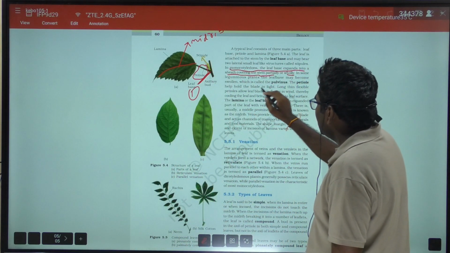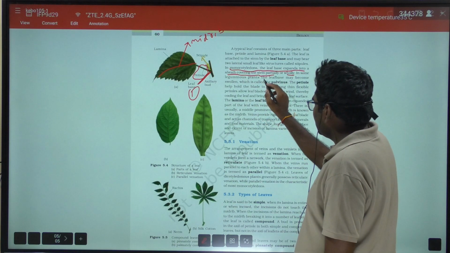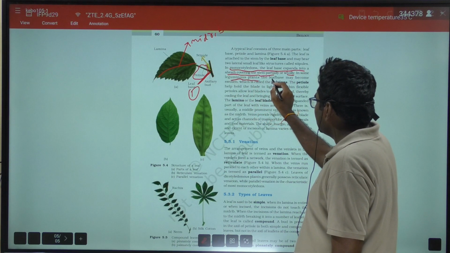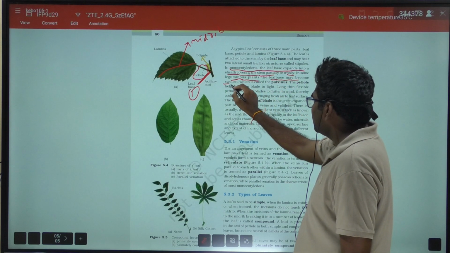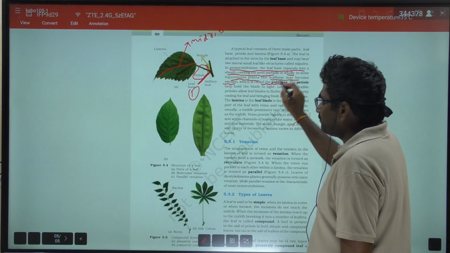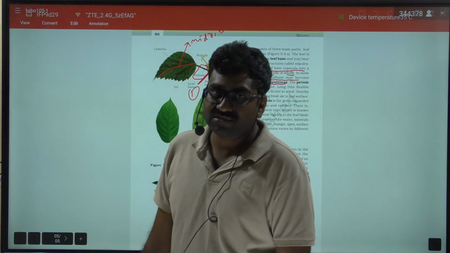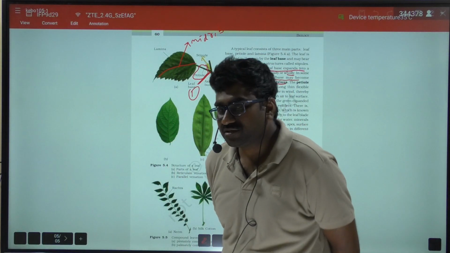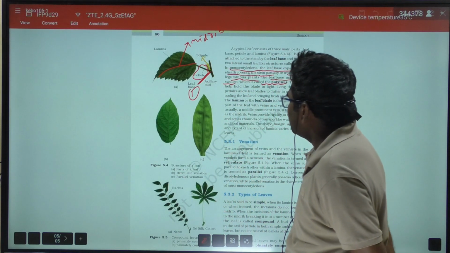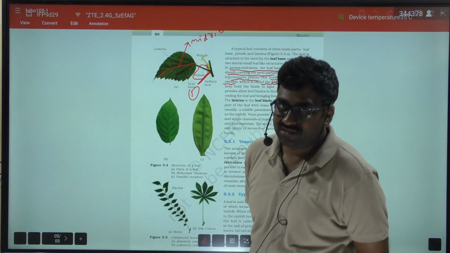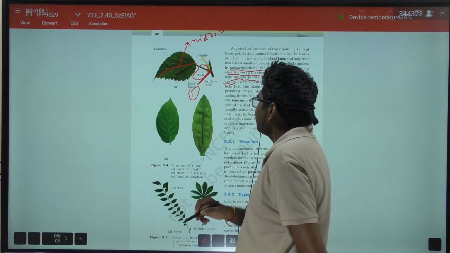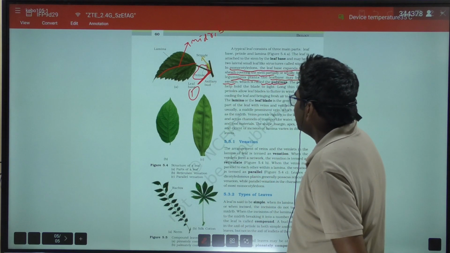In some leguminous plants, the leaf base may become swollen, which is called the pulvinous leaf base. It is very important from the objective as well as interview point of view. So what do you mean by pulvinous leaf base? The swollen leaf base is known as the pulvinous leaf base.